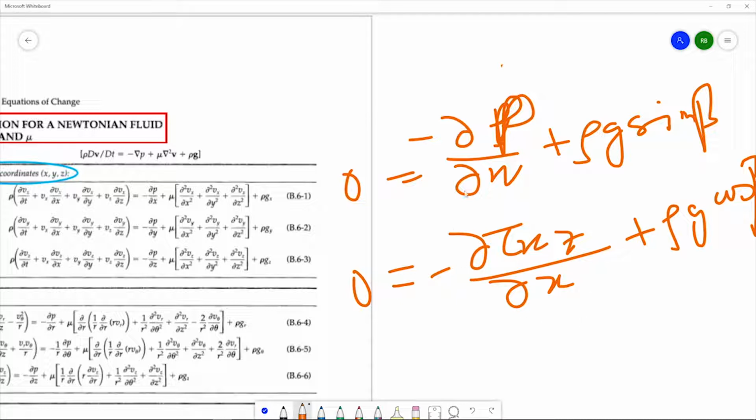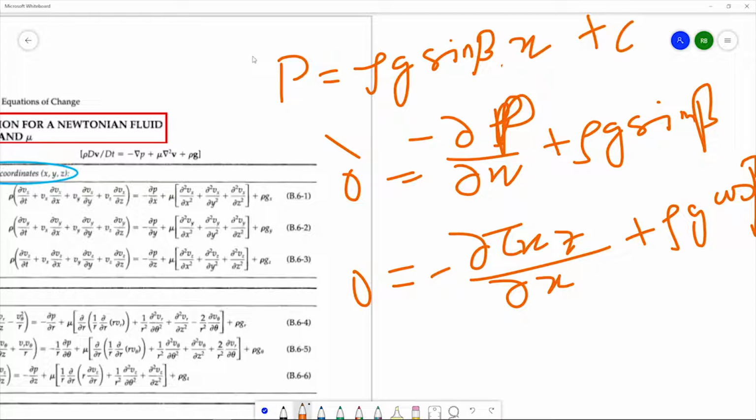Okay, now integrate these two equations. If you integrate the first equation, you will get p equal to rho g sine beta x plus c.